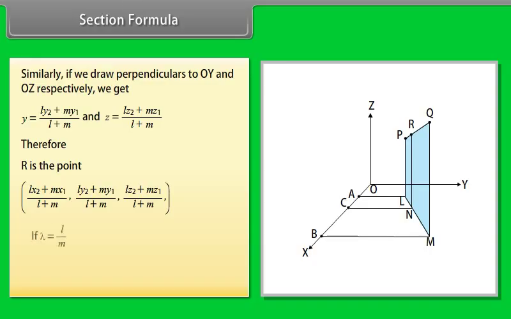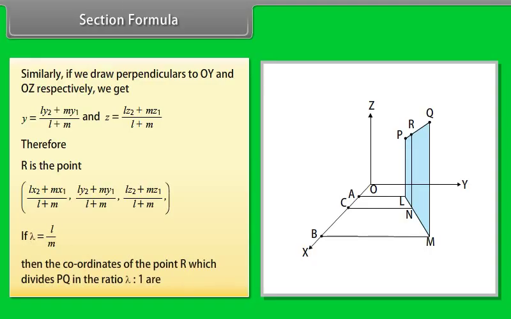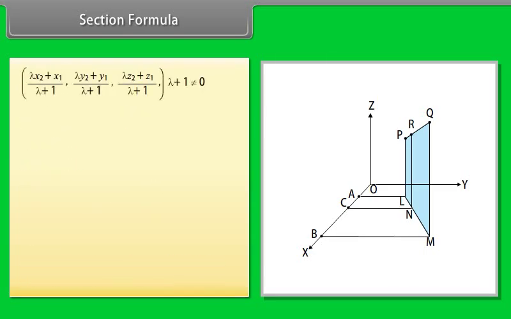If lambda is equal to l/m, then the coordinates of the point R which divides PQ in the ratio lambda:1 are ((lambda x2 + x1)/(lambda + 1), (lambda y2 + y1)/(lambda + 1), (lambda z2 + z1)/(lambda + 1)), lambda + 1 not equal to 0.